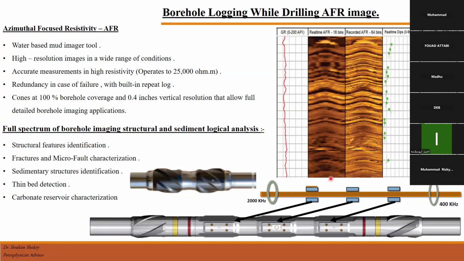The second issue: inside the tool, we have two transmitters. The first is a transmitter with 2000 kilohertz, while the second transmitter is 400 kilohertz. Why use this?